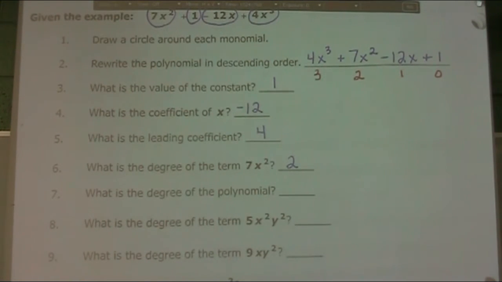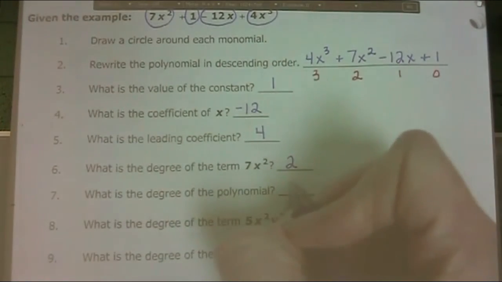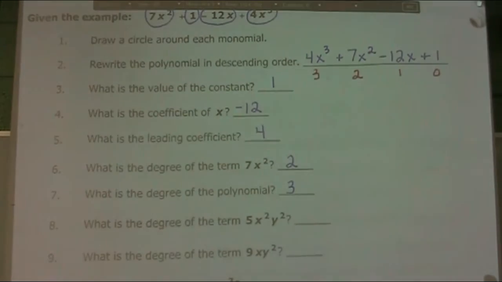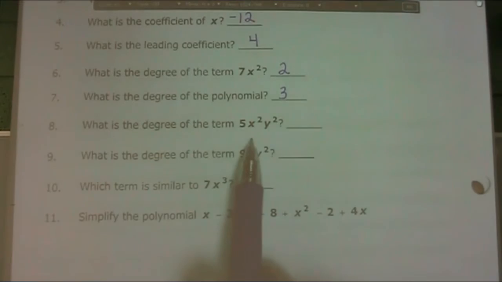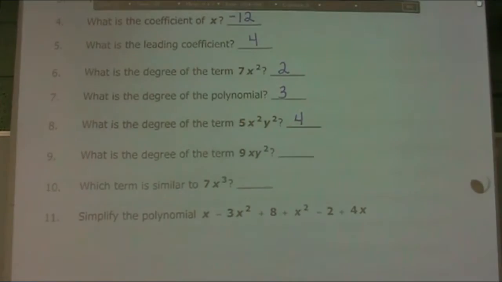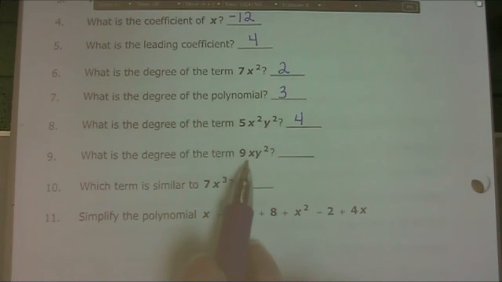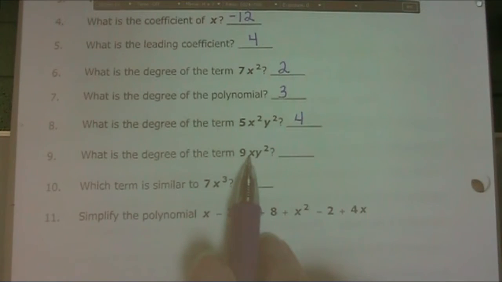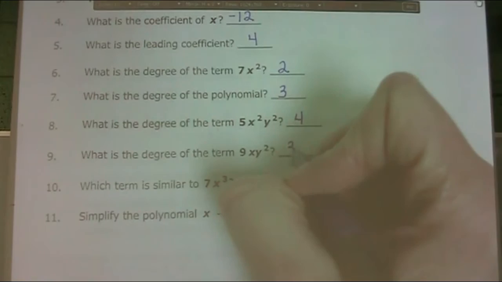The highest of these is 3, so the degree of the polynomial is 3. What is the degree of the term 5x squared y squared? We're going to add our exponents together. 2 plus 2 gives us 4. What is the degree of the term 9xy squared? Don't forget, that x has a power of 1 that you don't see. So add the 1 and the 2, and you will get 3.